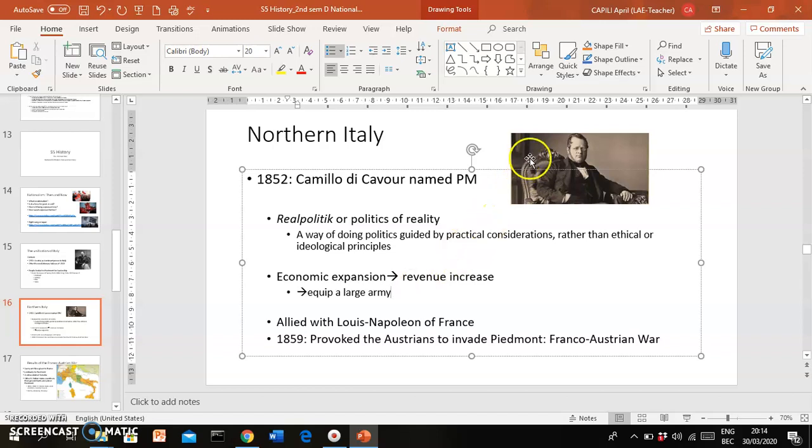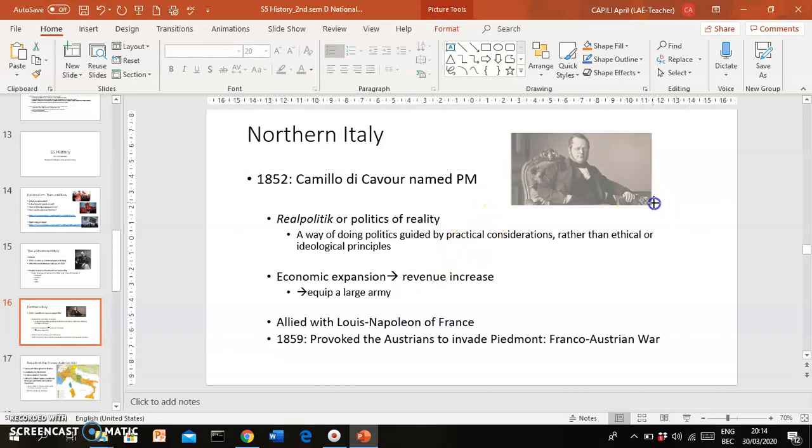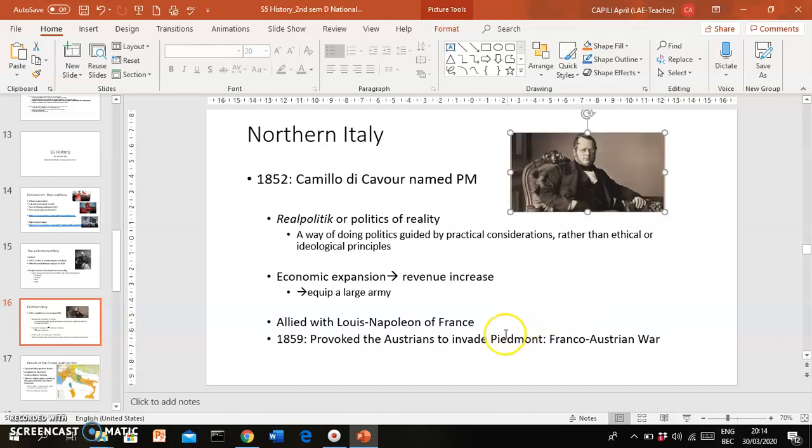Being a cunning and intelligent person, Cavour allied parts of northern Italy with France, with Napoleon III, wanting a confrontation with Austria, since, as we said, parts of what is now Italy belonged at that time to Austria.